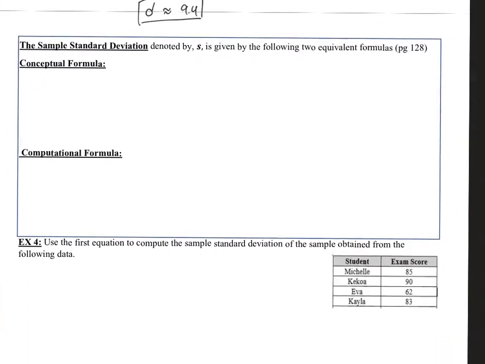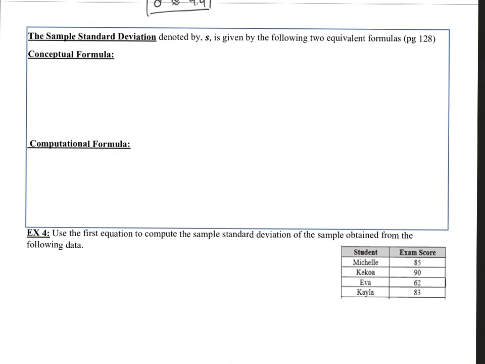Alright, now let's take a look at the sample standard deviation, which is going to be denoted by lowercase s. And we are given the two following equivalent formulas, just like we had for finding the standard deviation of the population.